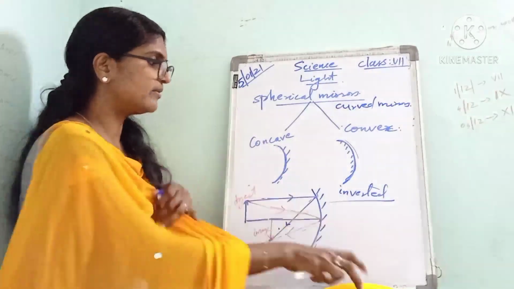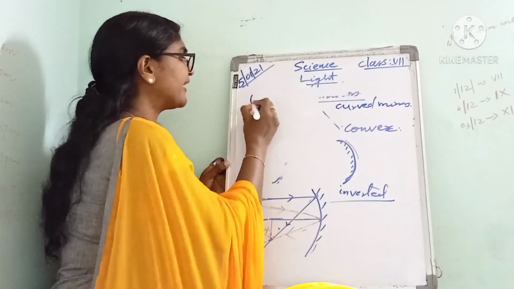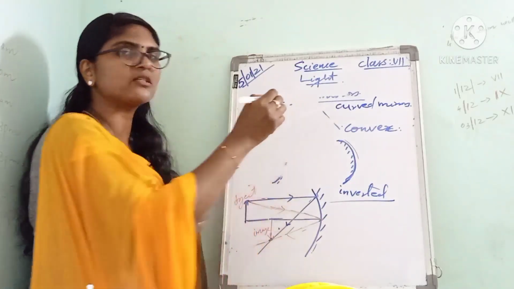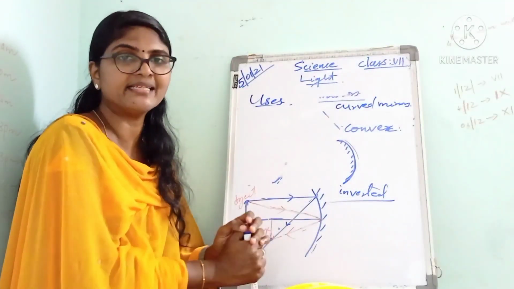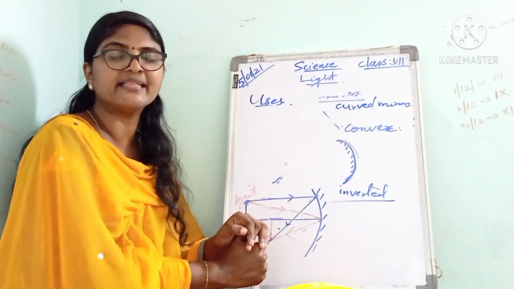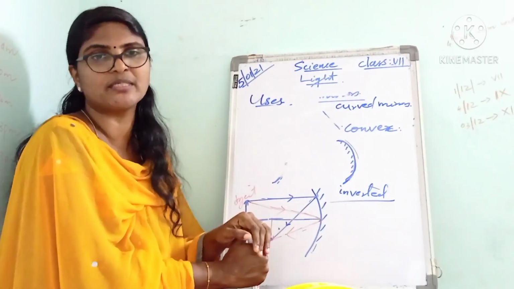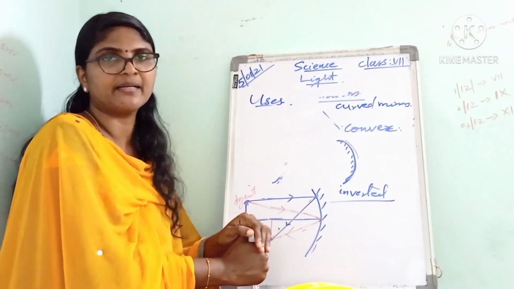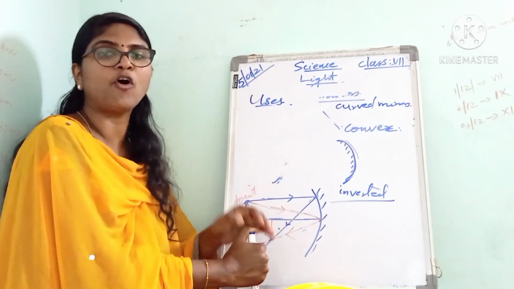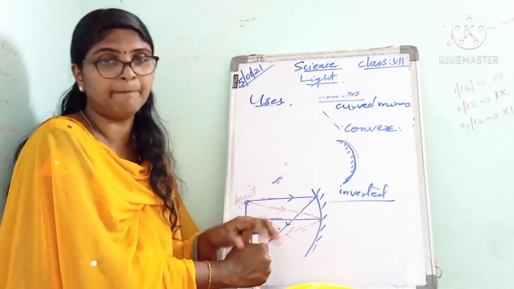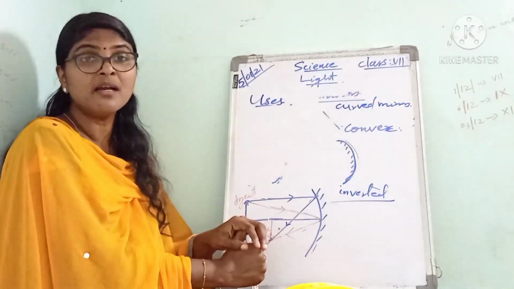Next we can talk about the uses of concave mirror. What are the uses of this concave mirror? Suppose you hold a concave mirror in sunlight and obtain the reflection on a paper, you will see a sharp, bright spot of light on the paper.